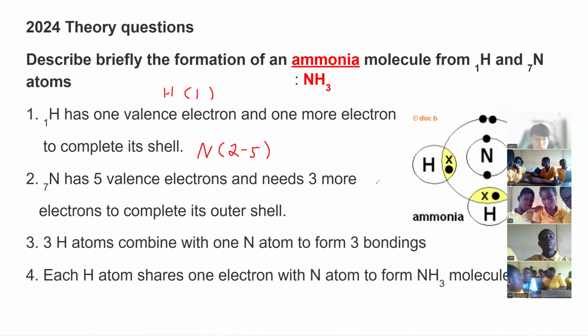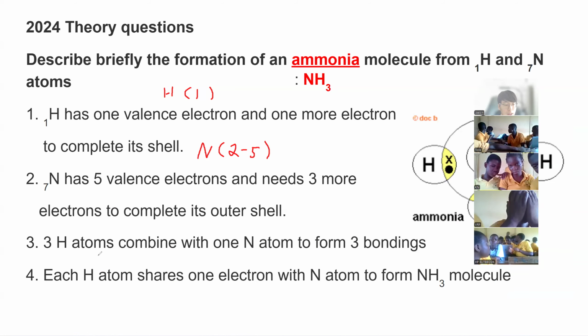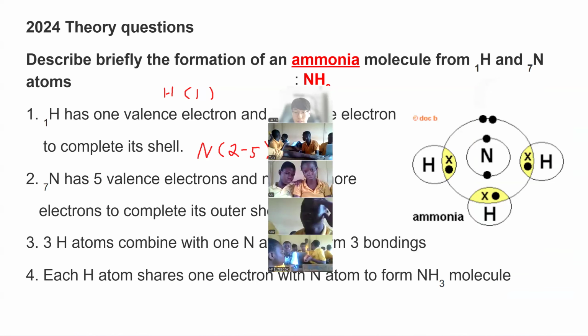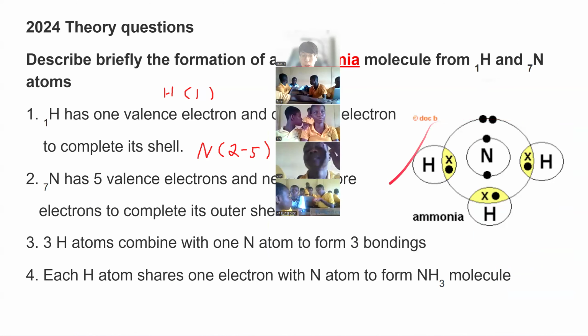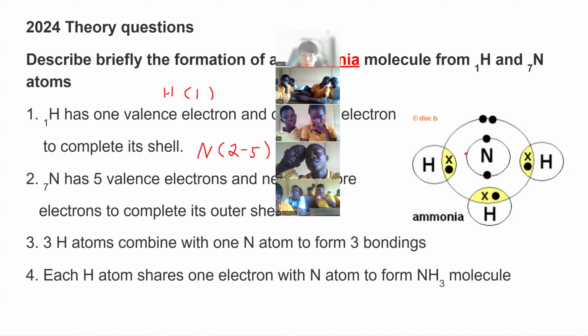Over here, you can see that 3 hydrogen atoms on the right combine with 1 nitrogen atom to form 3 bonds. Hydrogen and nitrogen both need electrons, so what they do is share. This is actually called a covalent bond, but that is just another name. Each hydrogen atom shares 1 electron with the nitrogen atom to form NH3.